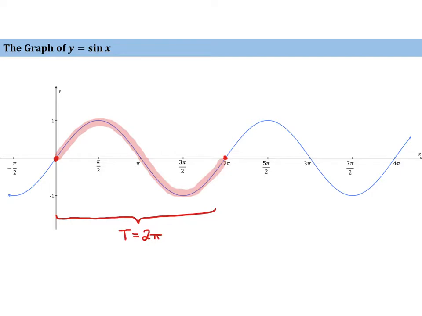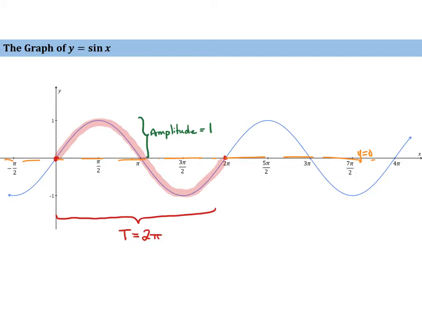Now our line of oscillation here is our x-axis, y equals 0. The distance that we deviate from that line of oscillation is called the amplitude. That amplitude in this case is 1.